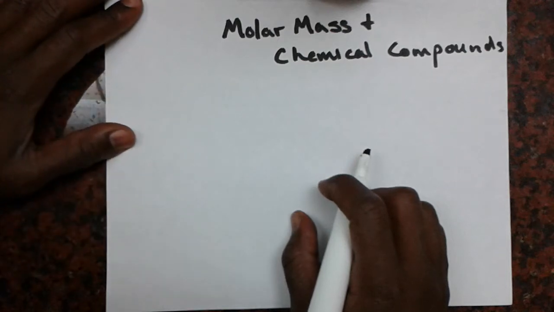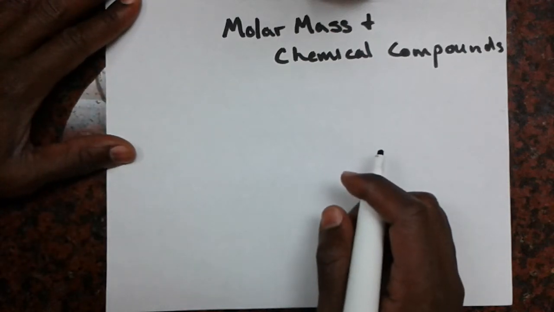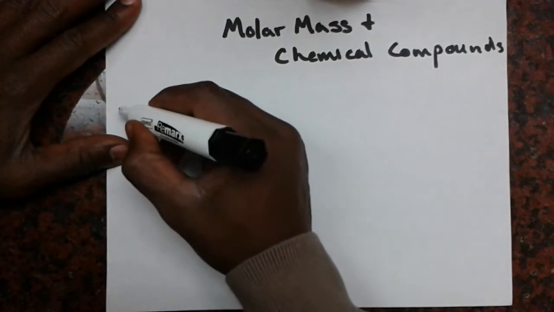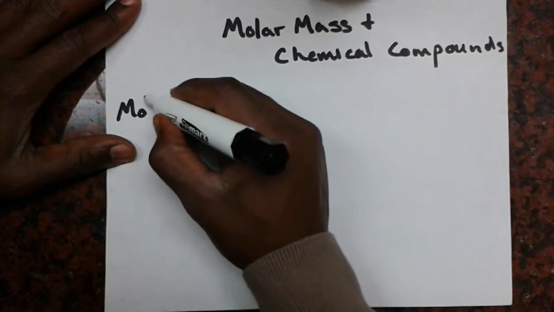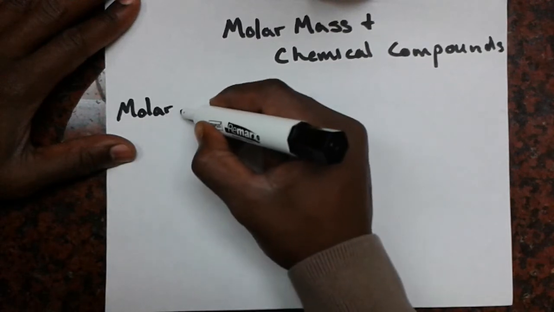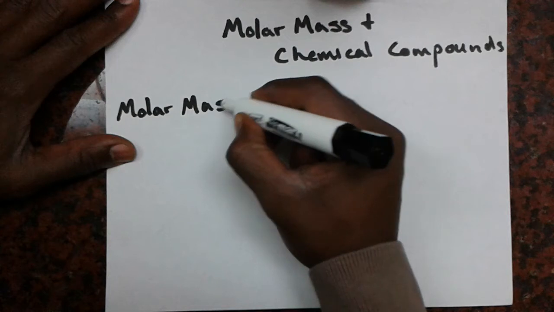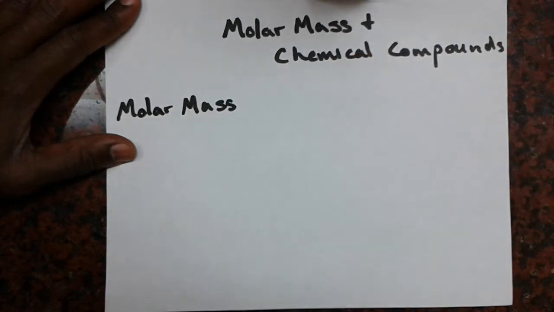Okay, so first let's describe what is molar mass. As the name implies, it's the mass that's relative to the amount of a material, in this case, a molecule.